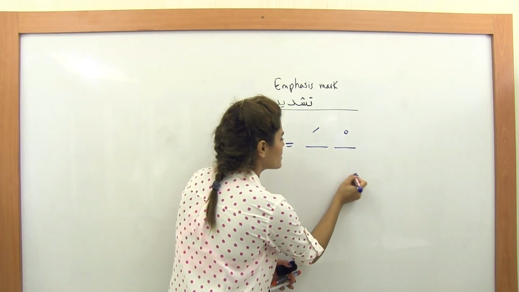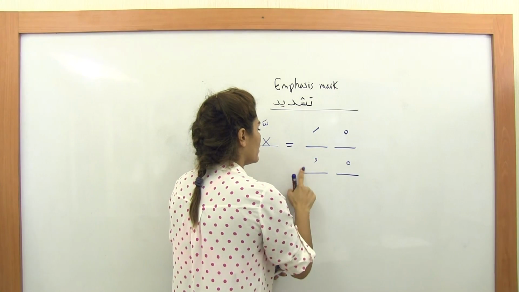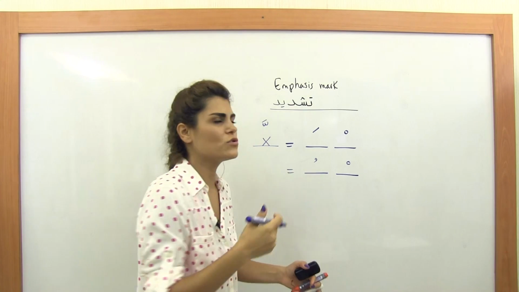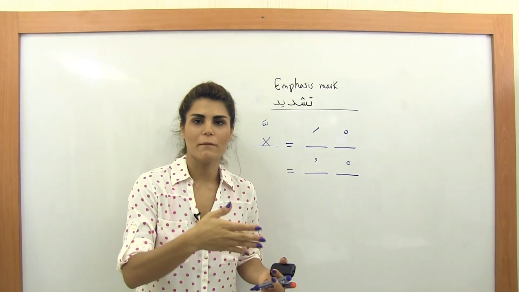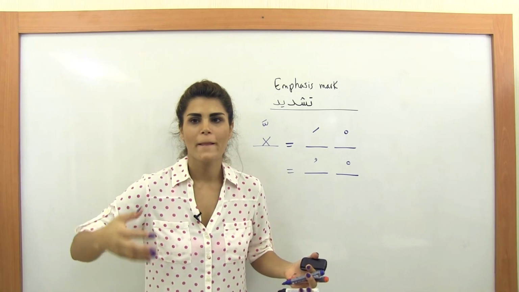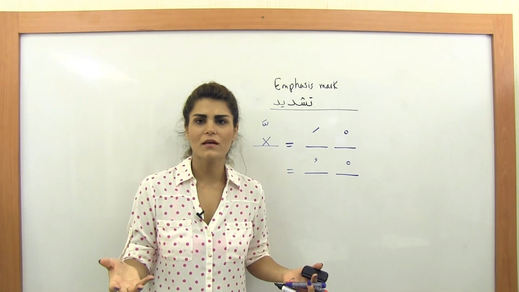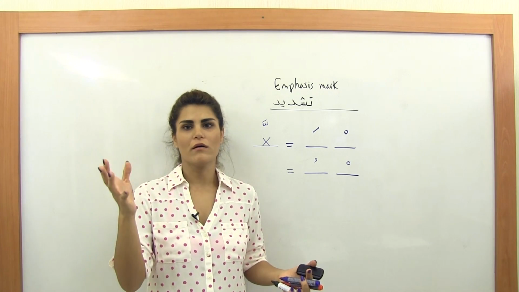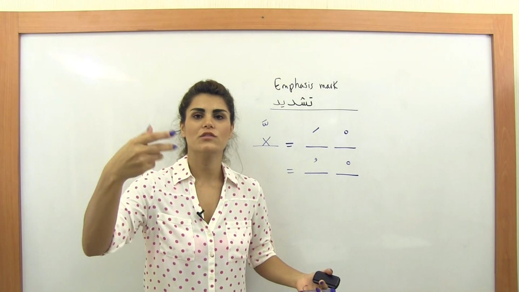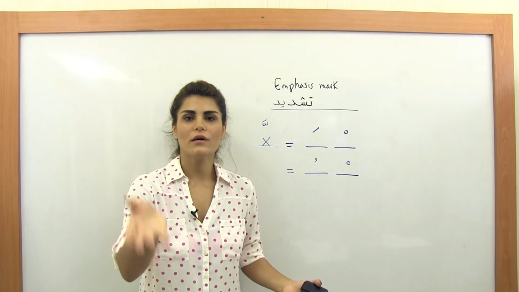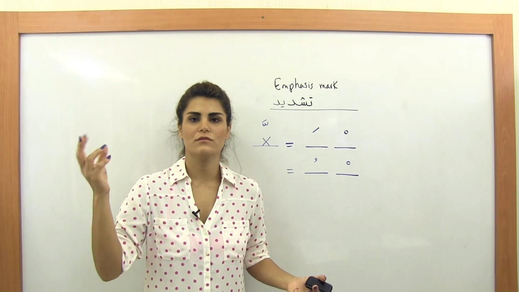If you have two letters, the first one is sukoon and the second one is damme. Now you're saying it's confusing. This is an explanation of the shadda, but you don't actually have to go through this process. You don't need to think, oh, now I have to combine these two letters together. Just in case you see shadda, you understand that it is a combination of two similar letters.